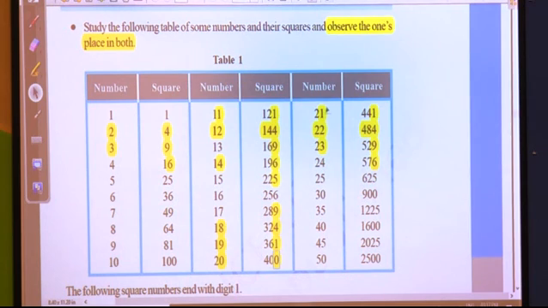In the fifth and the sixth column, let us take the odd numbers. 21 square 441, 23 square 529, and let us take the even numbers. 30 square 900, 40 square 1600, 35 square 1225, 45 square 2025.